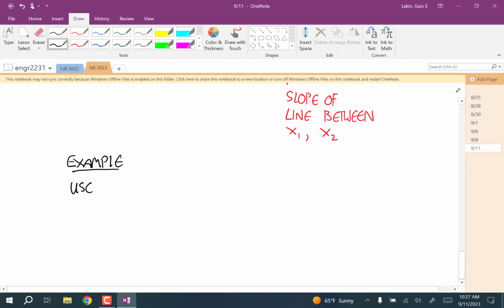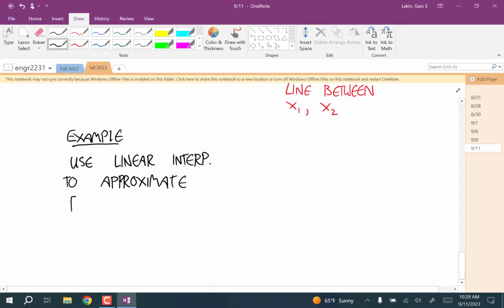Let's use linear interpolation to approximate f of x equals x squared at x equals 2.